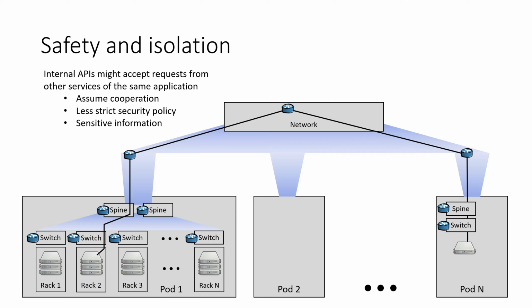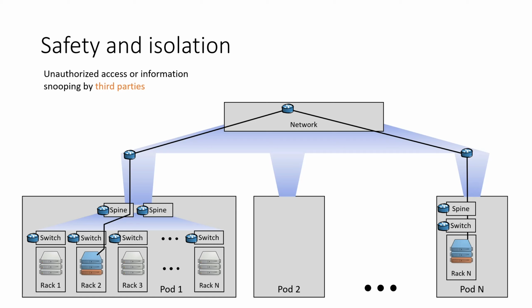So we might have a less strict security policy in this context, and the containers and virtual machines might exchange sensitive information. So when we're talking about internal communication, we are a little bit more relaxed as we're not worried about getting attacked by our own microservices. And because we make this assumption of cooperation between our microservices, we need to be careful about third parties trying to use this to exploit our application.